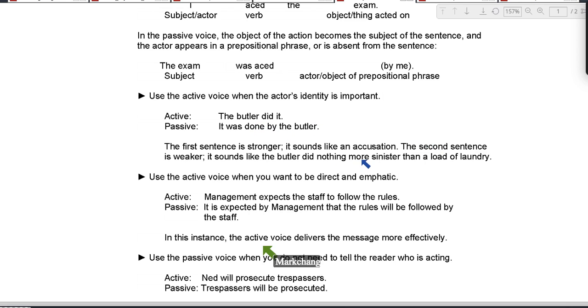So blaming someone is accusation. The second sentence is weaker, "It was done by the bullet," because you need to give stress on the bullet. You are putting the bullet guilty. You are finding that it was the mistake of the bullet.